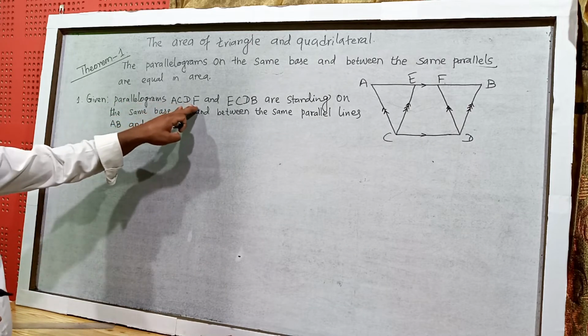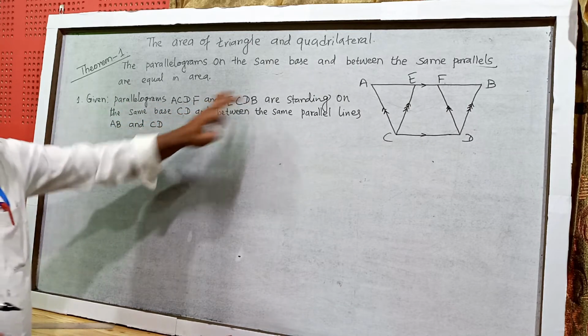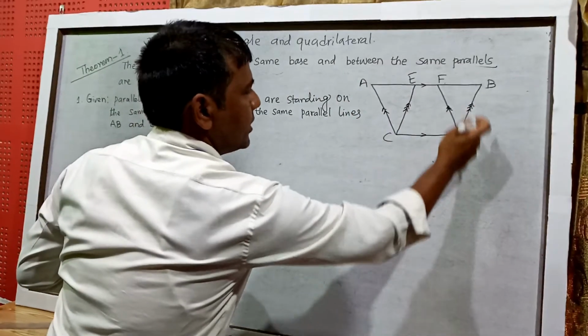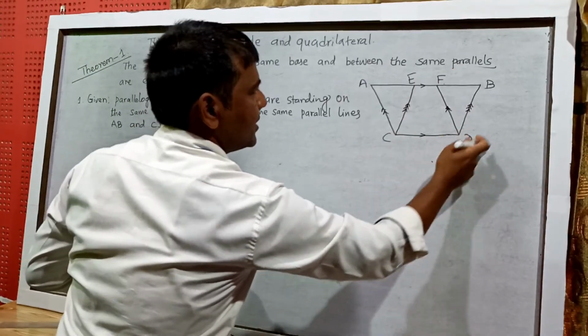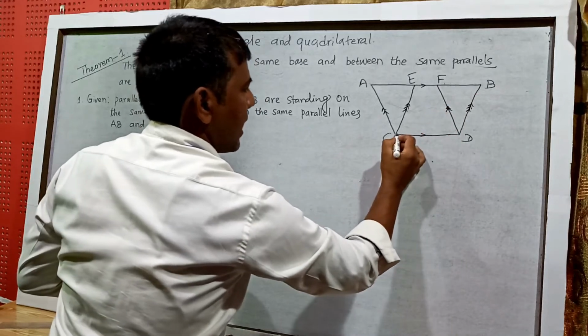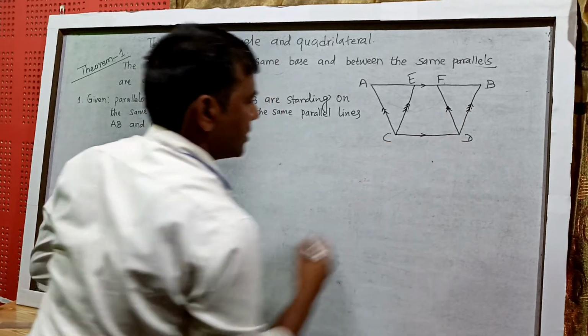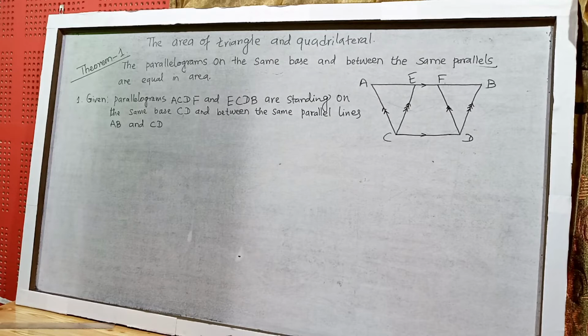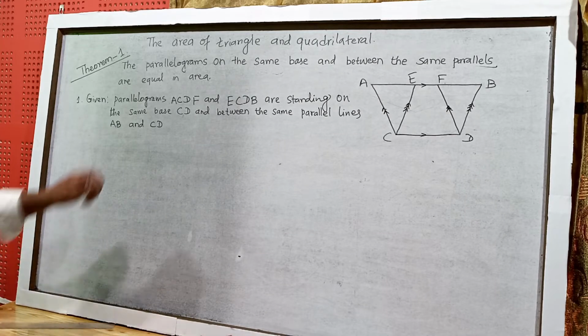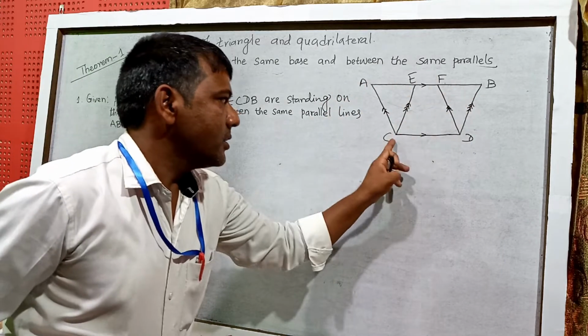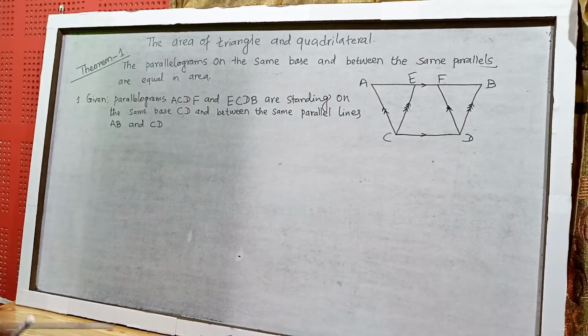Parallelograms ACDF and ECDB are standing on the same base CD and between the same parallel lines AB and CD. It is given.